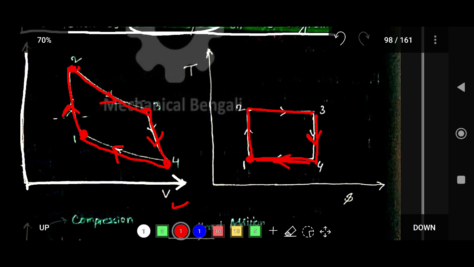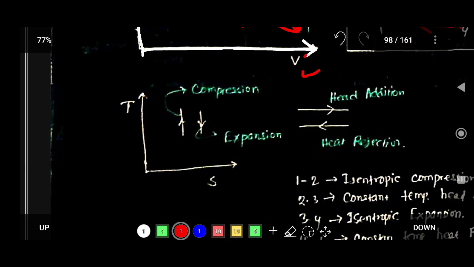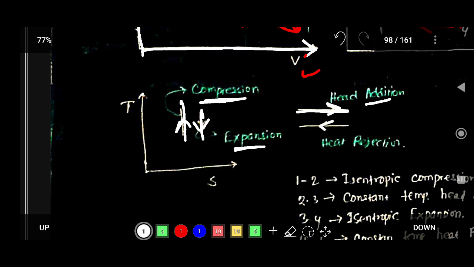In the TS diagram, if the arrow is upward, it is a compression process, and if the arrow is downward, it is an expansion process. If the arrow is to the right, it is a heat addition process, and if the arrow is to the left, it is a heat rejection process.